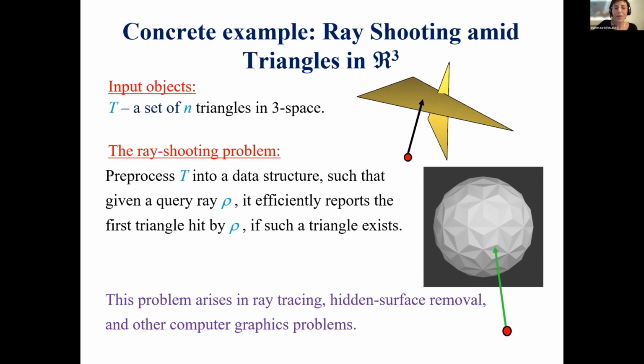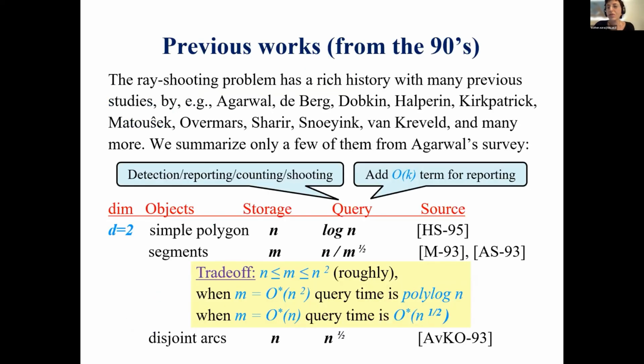This problem is motivated by computer graphics because it has several applications there, such as ray tracing and hidden surface removal. But theoretically, it is interesting in its own right. There has been a lot of activity in studying these problems for about 3 decades by many people.